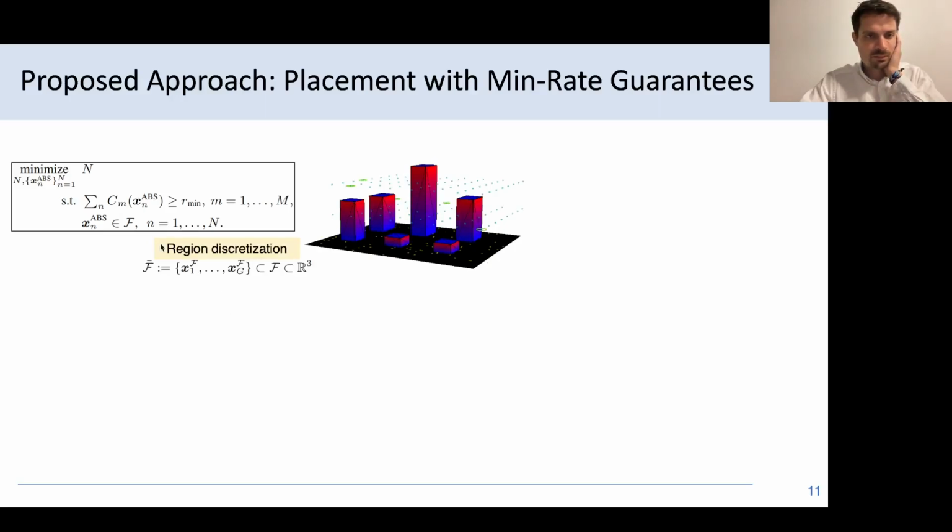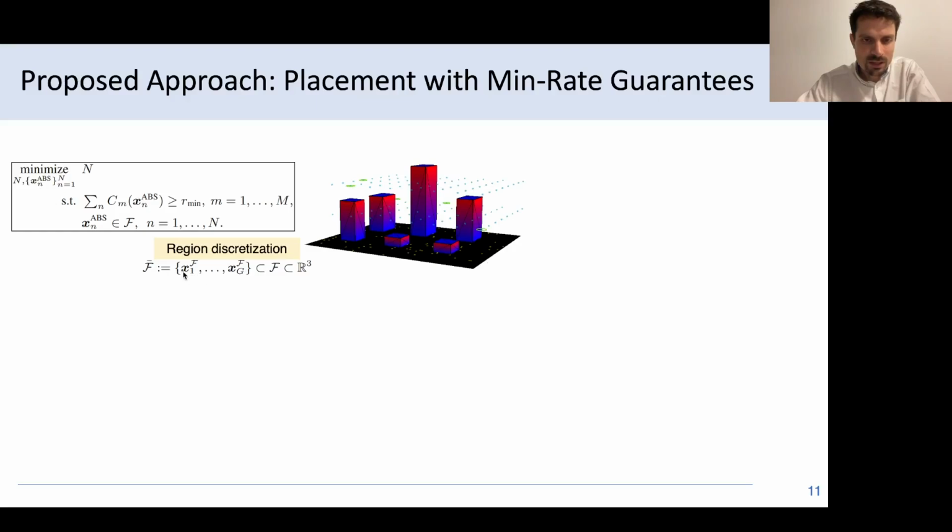This problem, as we can see, is quite complicated, and these functions are non-concave, and this set may be quite difficult to handle, so it is necessary to discretize the region, discretize the set of possible ABS locations.